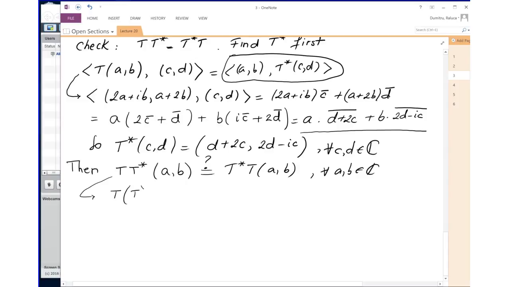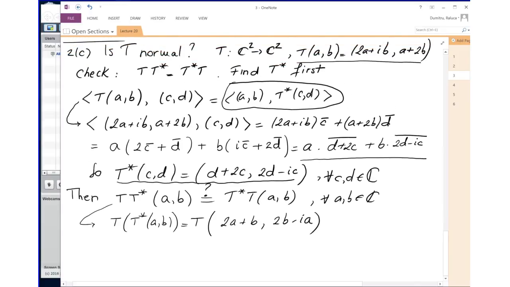This is T of T star of A, B. T star of A, B is 2A plus B, 2B minus IA. Right, I'm just replacing C and D in that formula by A and B in the formula for T star here.